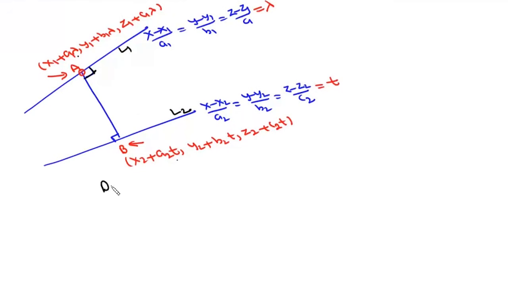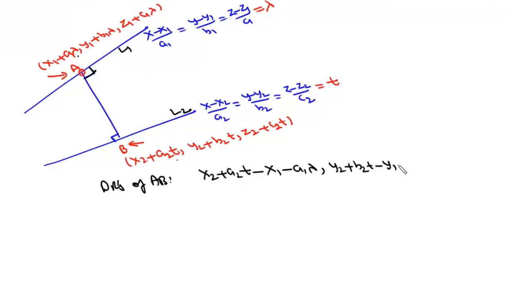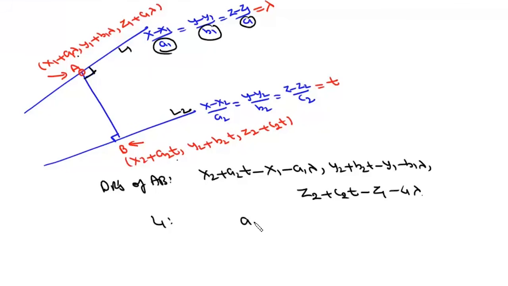So what we'll do is we'll write direction ratios of this line AB, and it'll be given by x2 plus a2t minus x1 minus a1 lambda, y2 plus b2t minus y1 minus b1 lambda, and z2 plus c2t minus z1 minus c1 lambda. Now direction ratios of line L1 are a1, b1, c1.